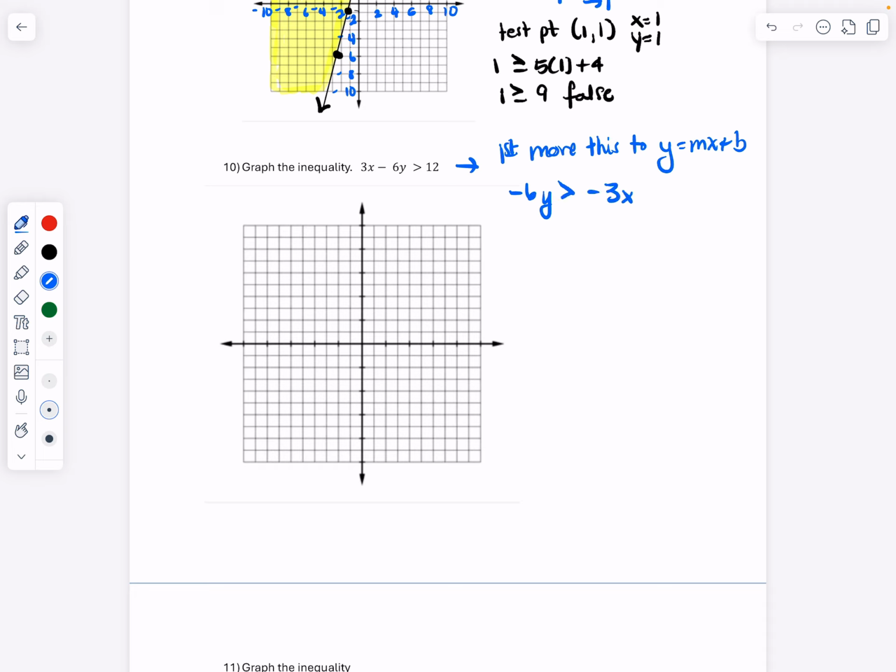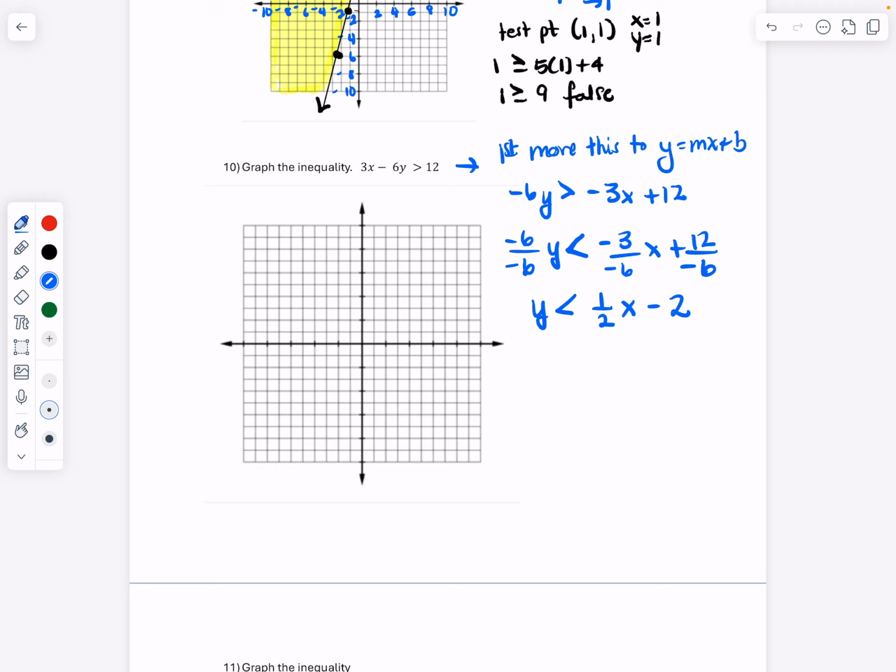So I have negative 6y is greater than negative 3x plus 12. Now I divide by negative 6, but since I'm dividing by a negative, the inequality sign goes in the other direction. Remember, that only happens in your last step of solving. So I get y is less than 1/2 x minus 2.